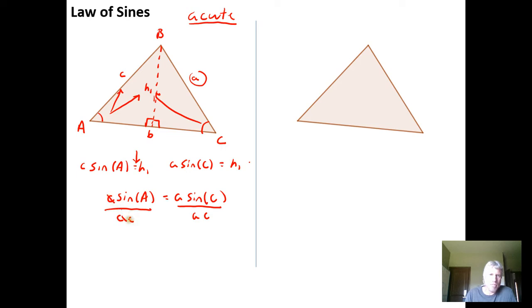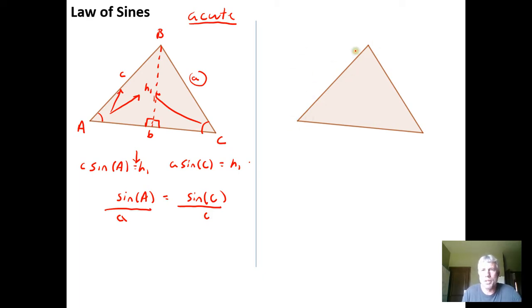And we get c divided by c is 1, and a divided by a is 1. So we wind up discovering that the sine of angle A over the length a is equal to the sine of angle C divided by the length of c.